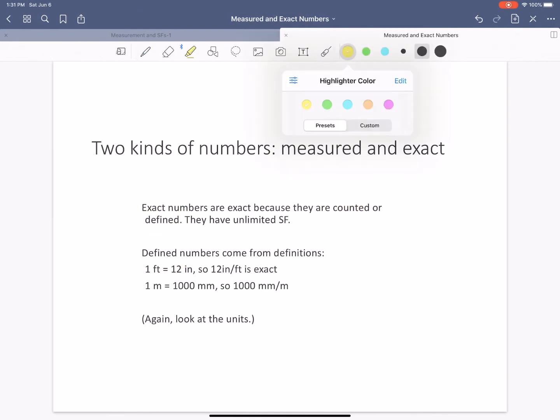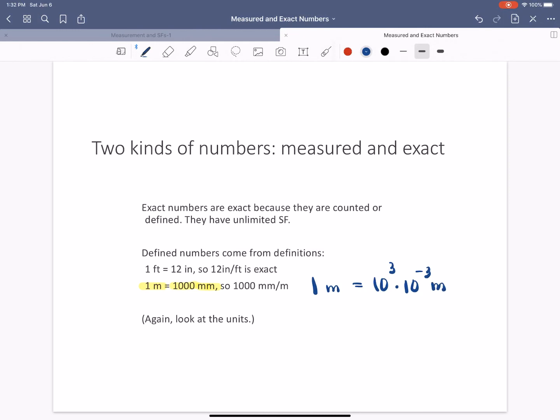So 1 meter is 1,000 thousandth meters. So right here, I have written millimeter.